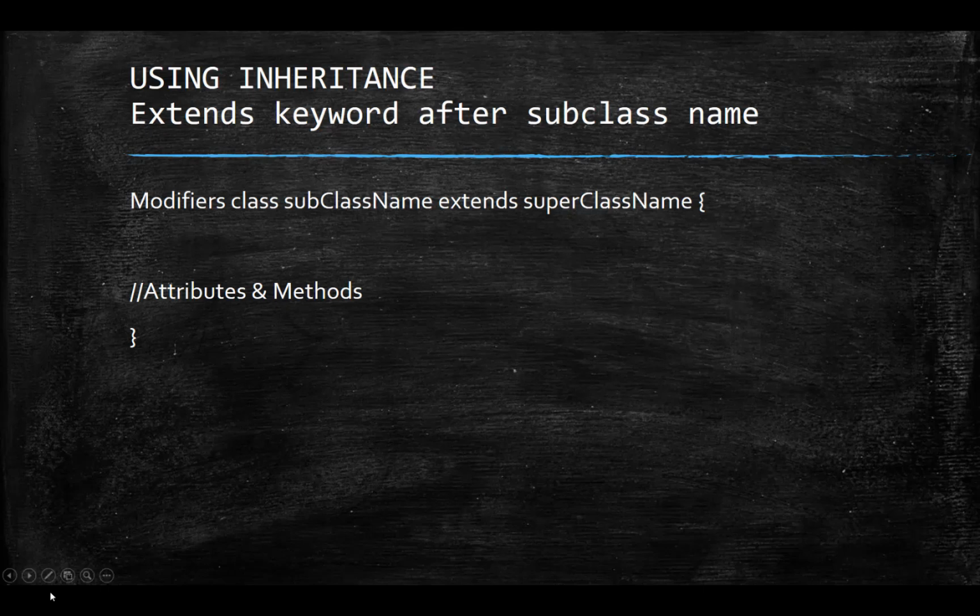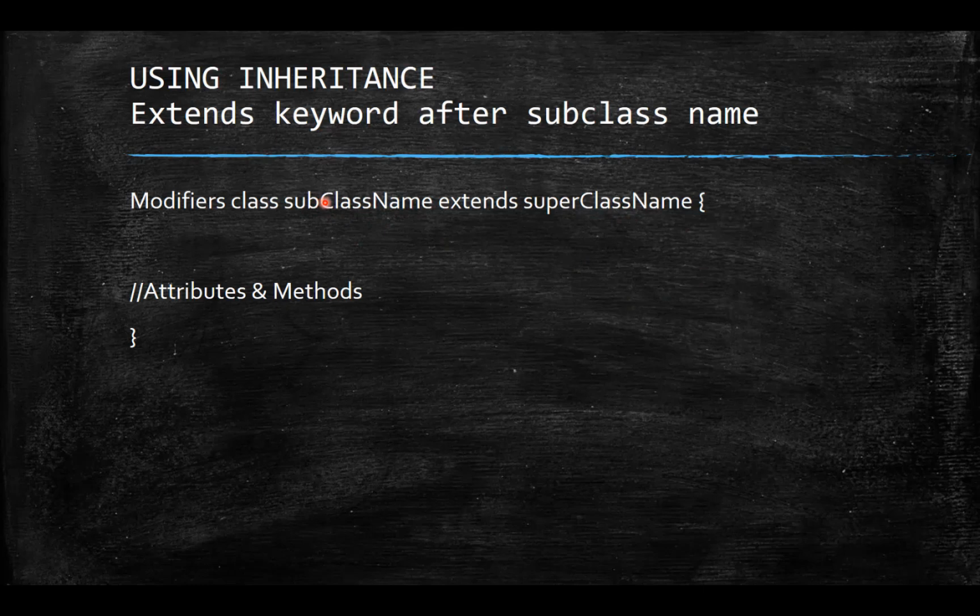So we have the subclass name and then extends, our keyword to inherit its superclass name. So this is the child, which extends its parent. Whatever the parent has, the subclass can get.